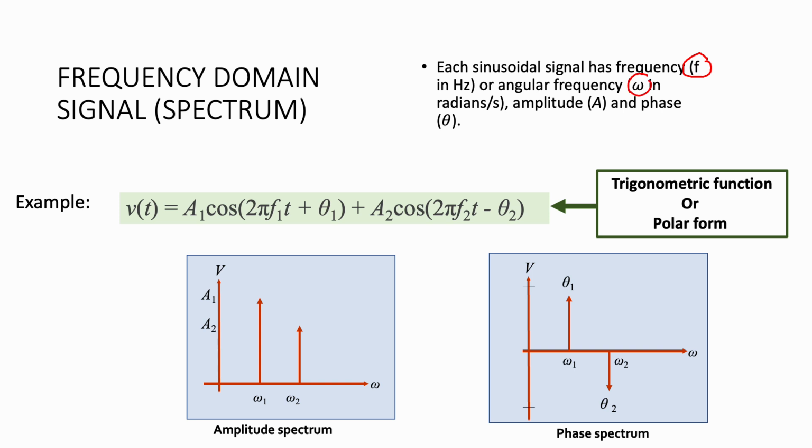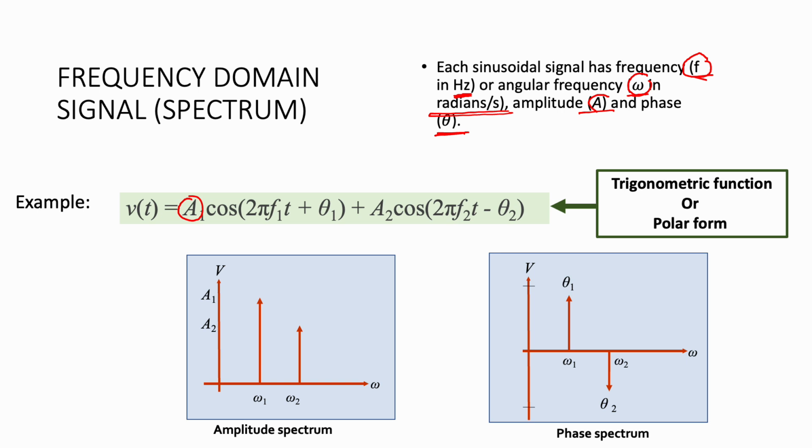Remember, F is the frequency where the unit is hertz, however for omega, the unit is radian per second. And amplitude we are going to represent as A. So here is the amplitude, and then we have phase. If there is a theta, it means there is going to be a phase delay or phase change.